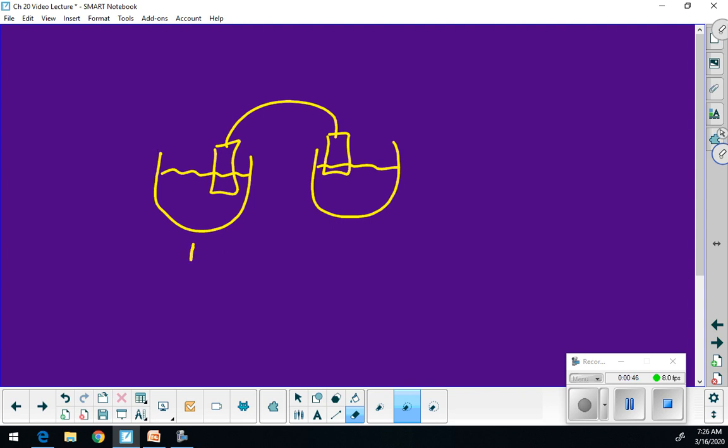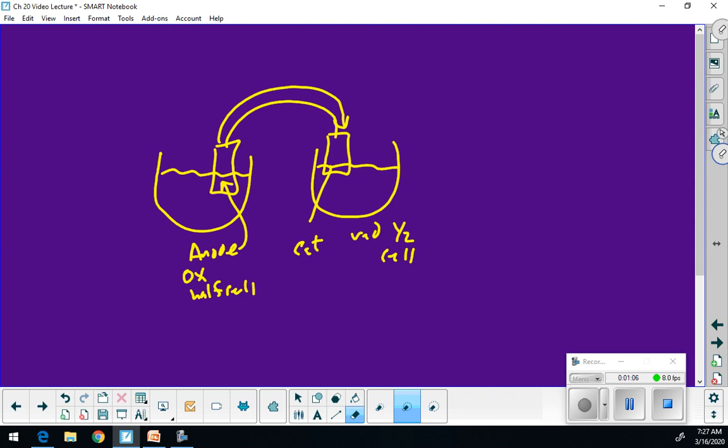You have an anode which sits in your oxidation half cell, and you have a cathode that sits in your reduction half cell, and you have the electrons flowing from the anode to the cathode, right?